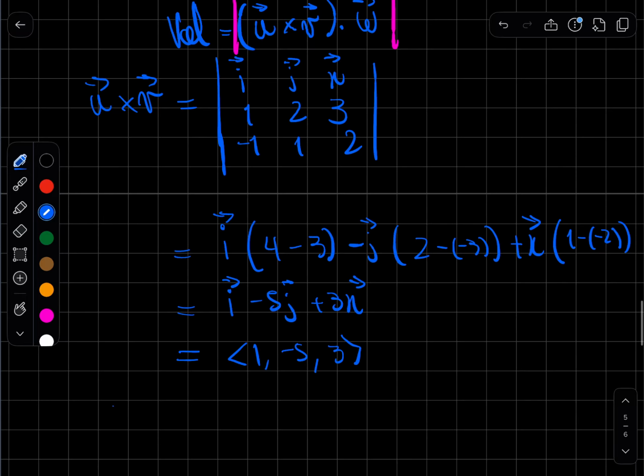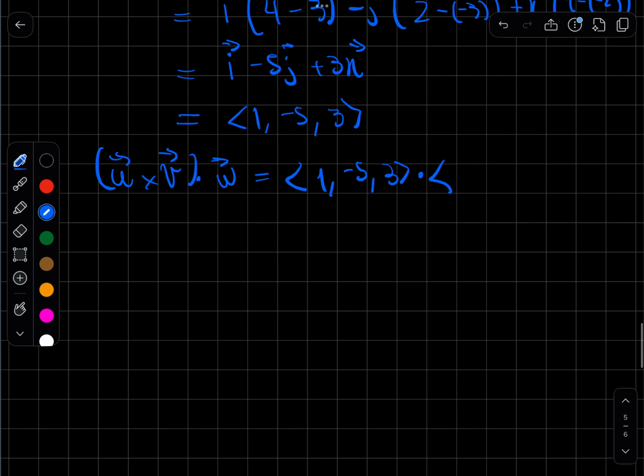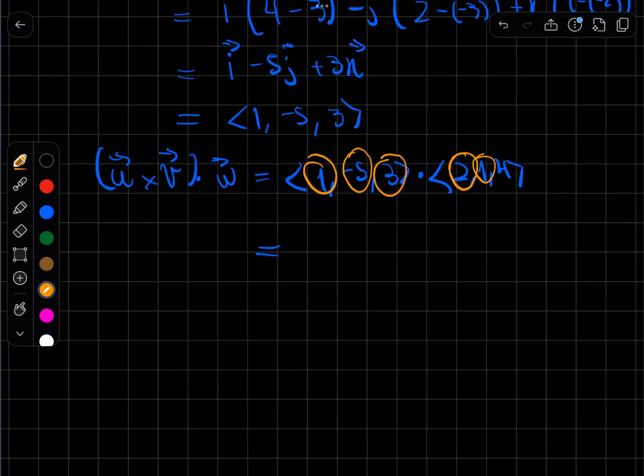And now I take that and do a dot product with w. So this is the dot product of 1, negative 5, 3 with w, which I go back to see is 2, 1, 4. So that's going to be 1 times 2, negative 5 times 1, and then 3 times 4, right?